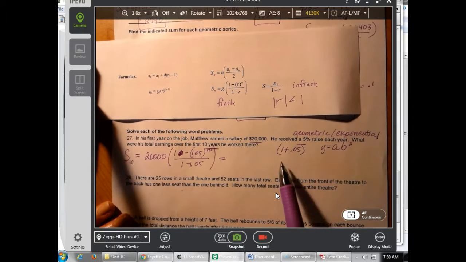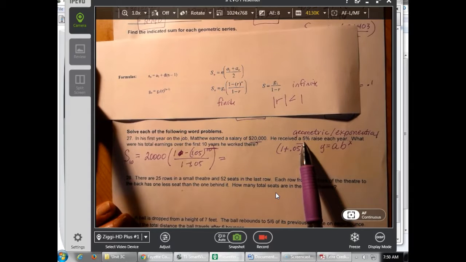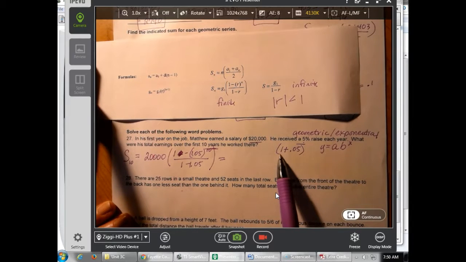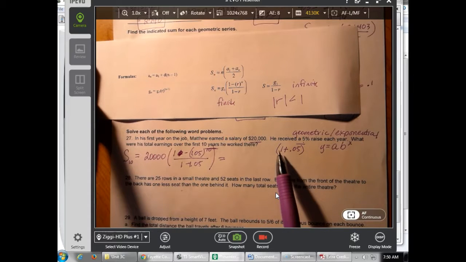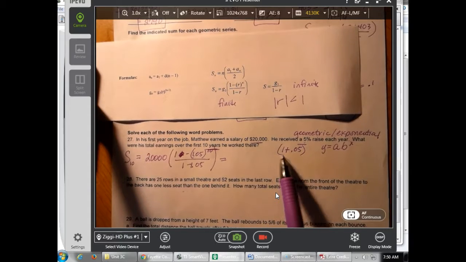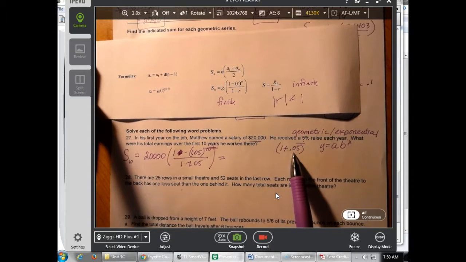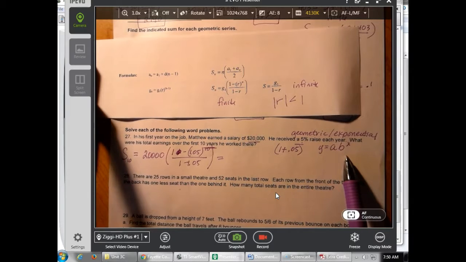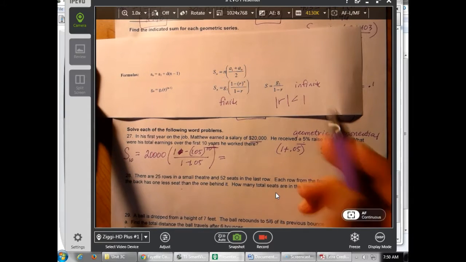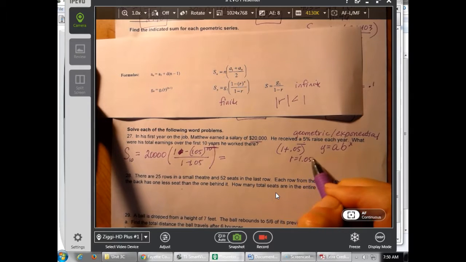So what I need to remember is that this 5% is really going to be 1 plus 0.05, because you want the base value, or the rate of growth, to basically keep 100% and then grow it at 5% each year. So it kind of fits with this model right here. So I'm going to use 1.05 as my R, like that.